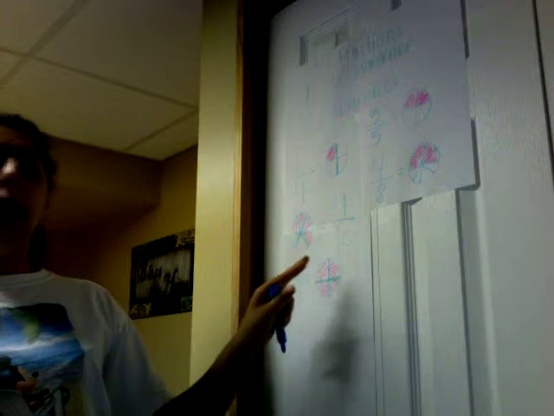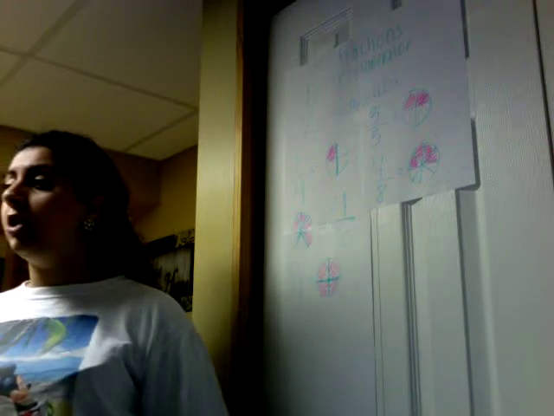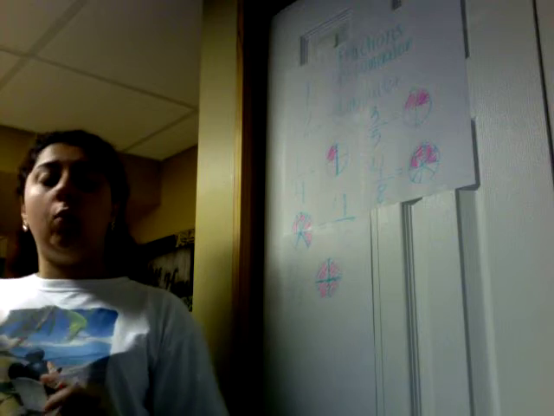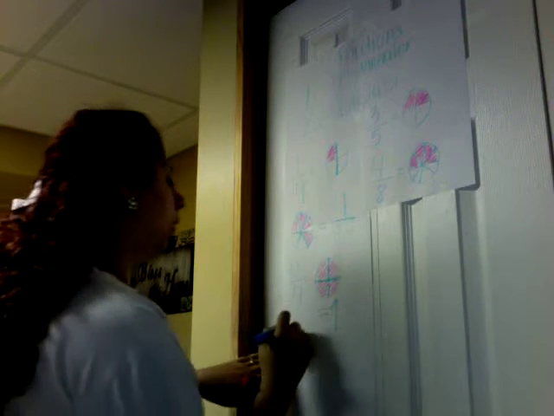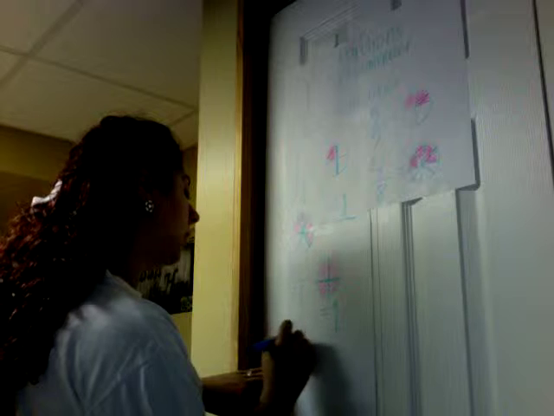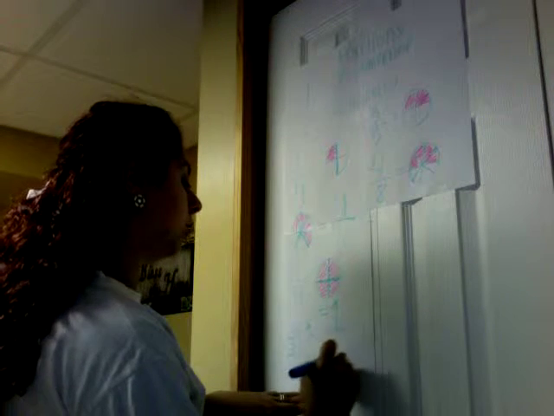When the whole pie is shaded, so when the numerator and the denominator are the same, that means the whole pie is shaded. With one whole pie shaded, that is equivalent to the number 1. So then the fraction 4 over 4 equals 1. 3 over 3 equals 1. 10 over 10 equals 1.